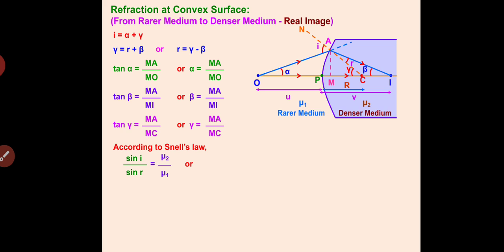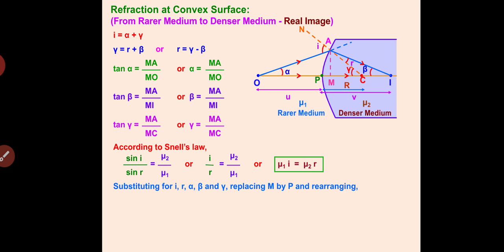Since I and R are small, we can write I upon R equal to mu2 upon mu1. By cross multiplication, mu1 I equals mu2 R. Now substituting the values of I and R, and also the values of alpha, beta, gamma, after solving we can get the result.